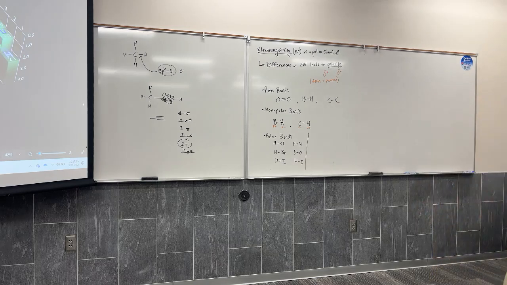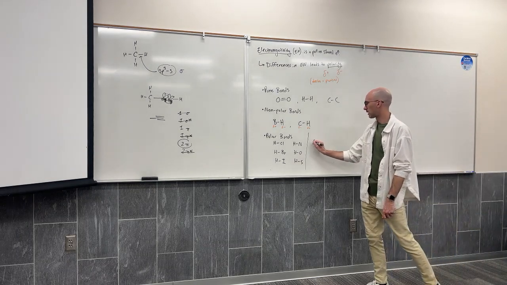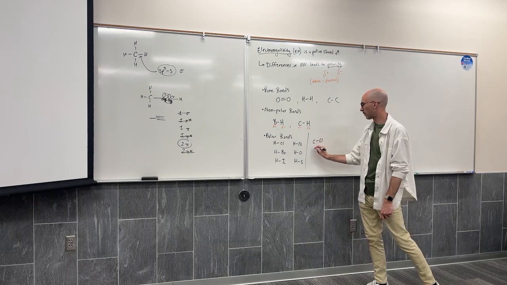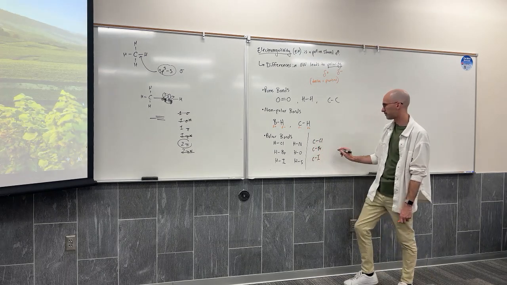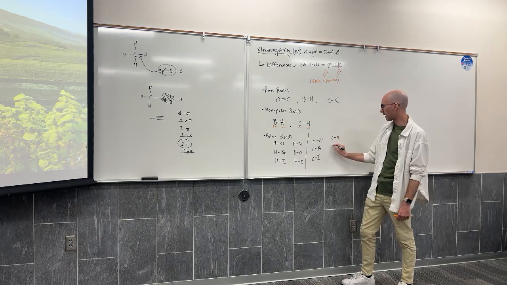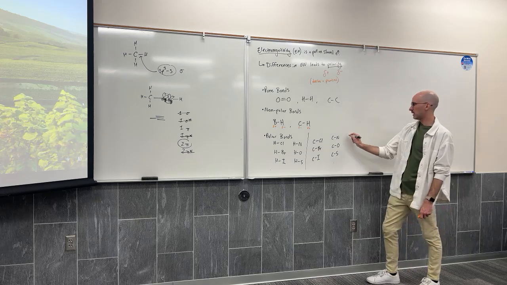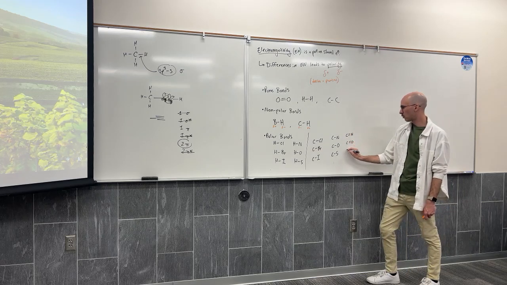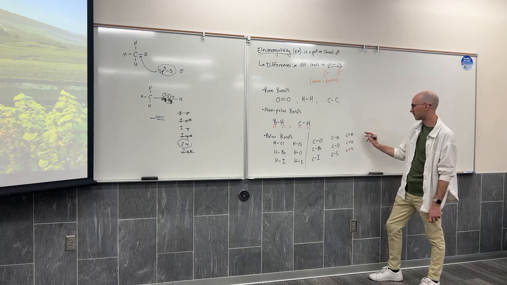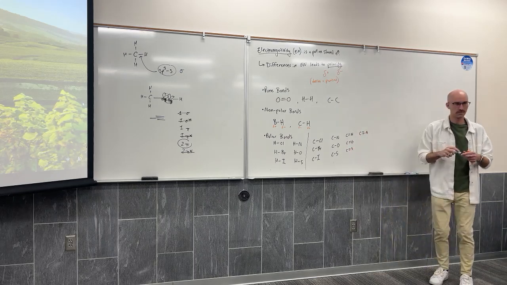Let's consider the bonds that carbon is going to make this semester as well, like the CCl bond, the CBr bond, the CI bond, the CN, the CO, the CS. And while we're at it, let's step this up and just show what happens when we have triple bonds and double bonds to these structures.